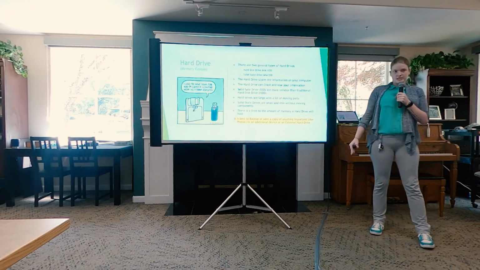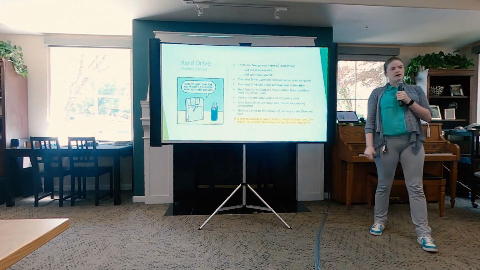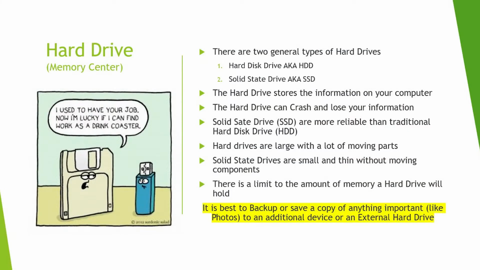The main differences between the hard disk drive and the solid state drive, if you go to Best Buy or Walmart or whatever and look at the fact sheet of a computer, it'll say HDD or SSD. Those are the differences. That's the hard disk drive or the solid state drive.